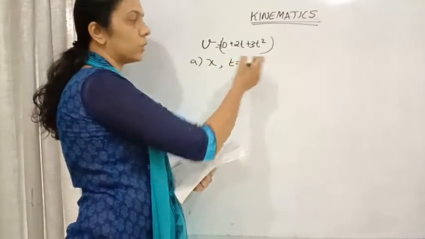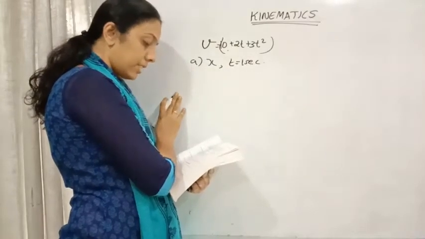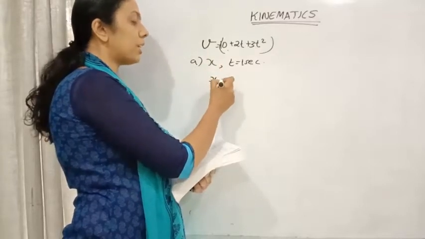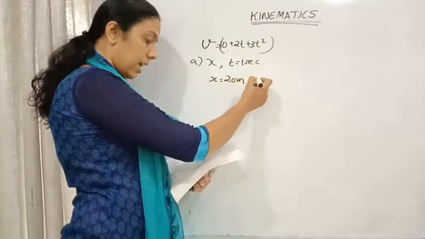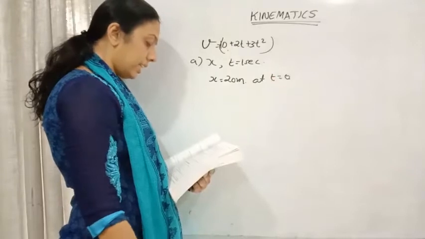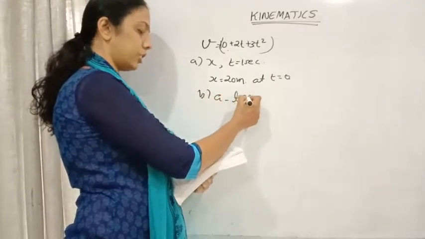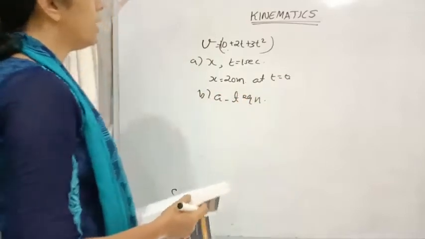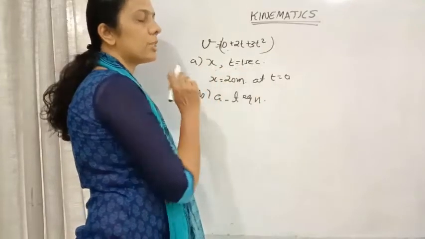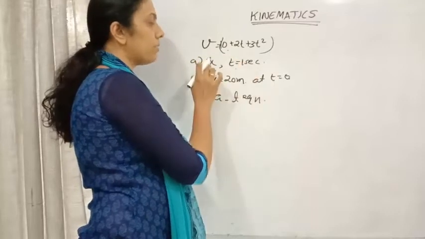It is given that displacement is 20 meter at time t equals 0. So we need to find x when t equals 1 second.